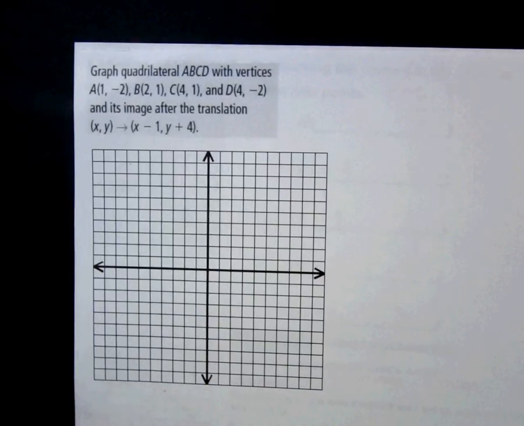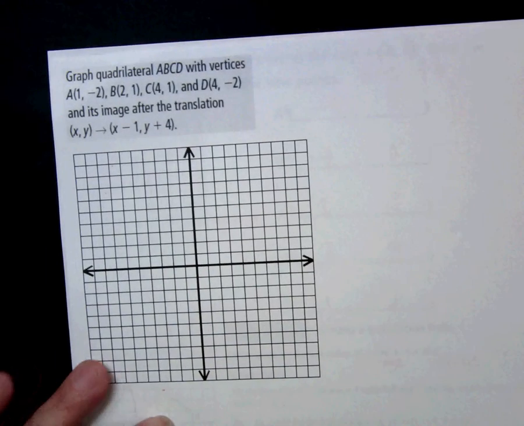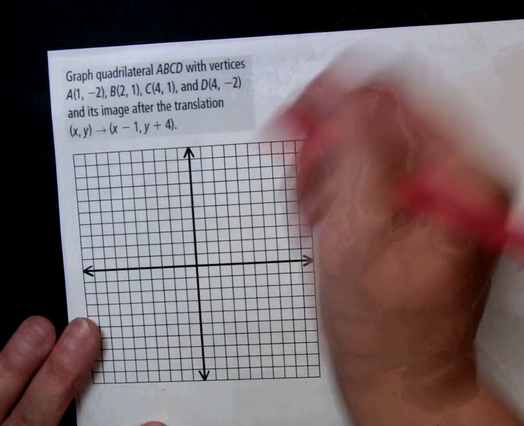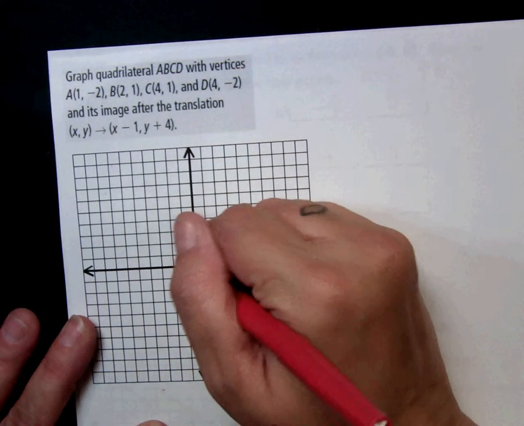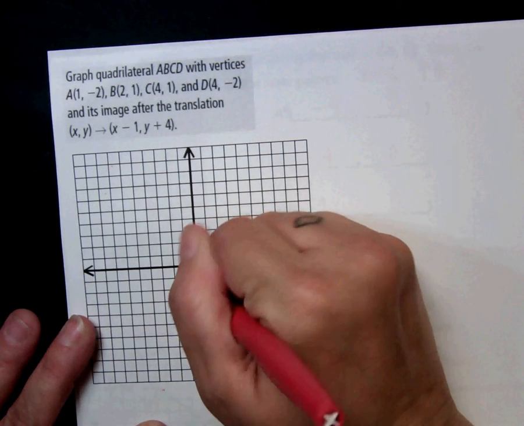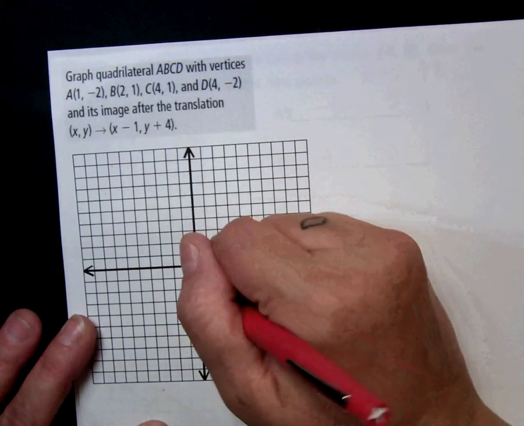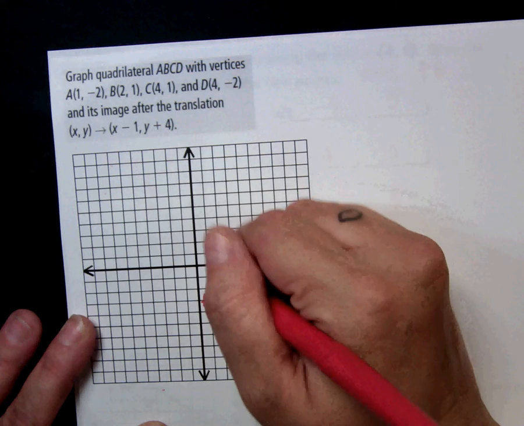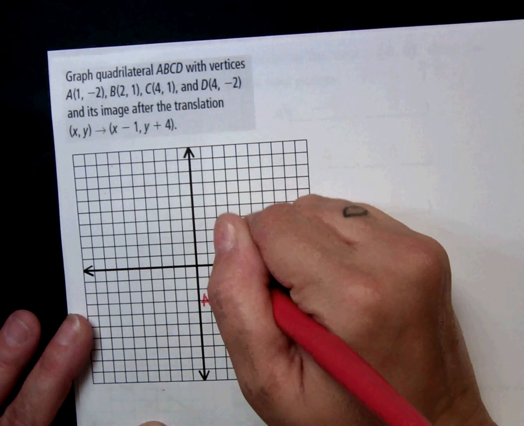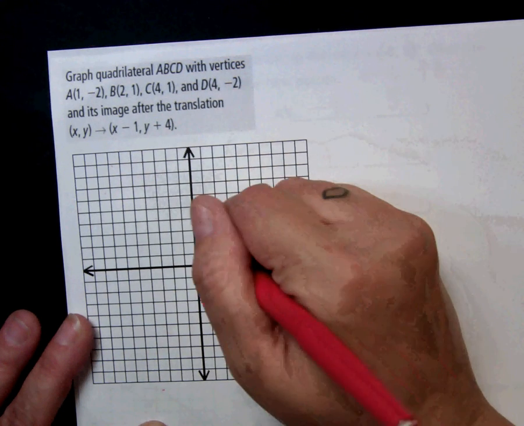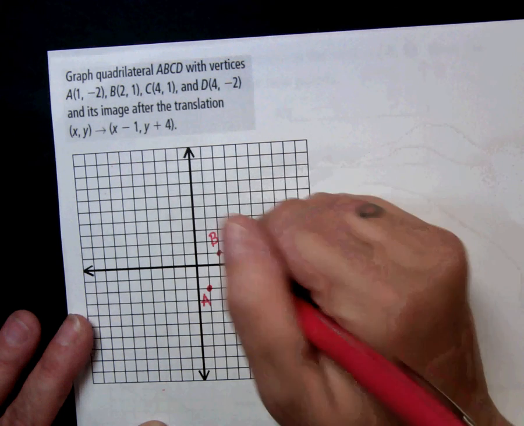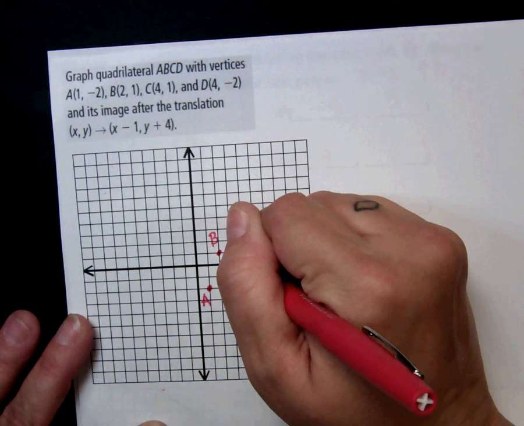Let's go do another last example. We're going to graph the quadrilateral ABCD with the vertices: A is 1, -2. That's my A. And my B is 2, 1. C is going to be 4, 1.